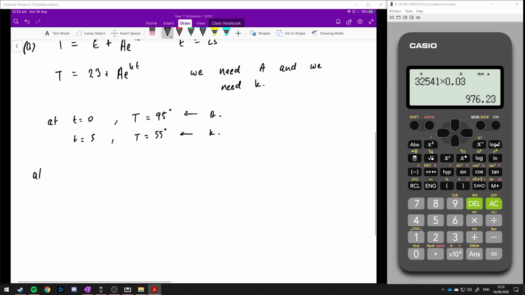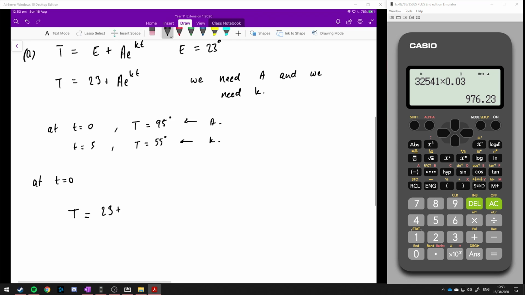So at t equals 0, the temperature is equal to the environmental 23 plus Ae to the kt.